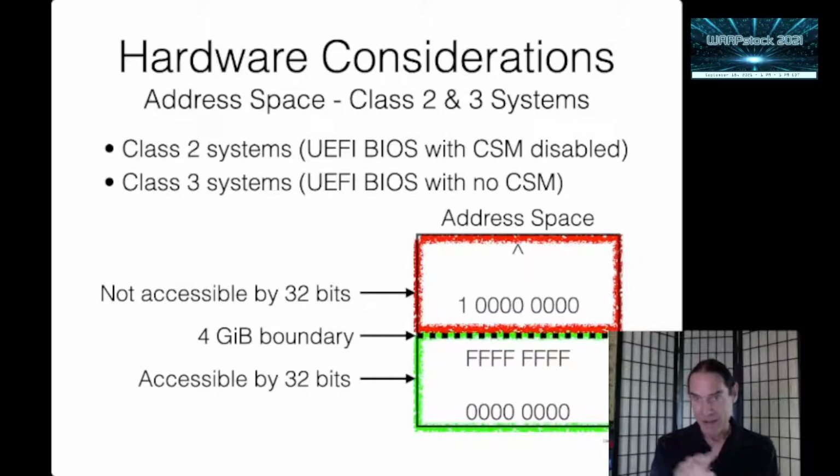That's the red area. If certain important devices like video or disk or network or other things are not usable by ArcaOS, then ArcaOS is not going to run on those systems.